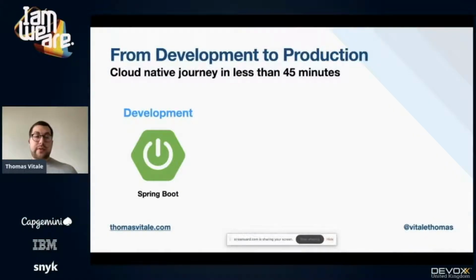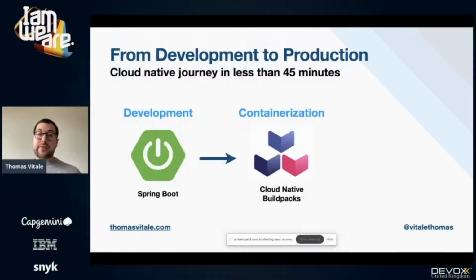We went from the development phase, we used Spring Boot, and also at the end had an initial look at Spring Native to build cloud native applications, which are also good for a serverless use case. We use cloud native buildpacks to containerize the application into container images, both JVM images and native images, relying on GraalVM.